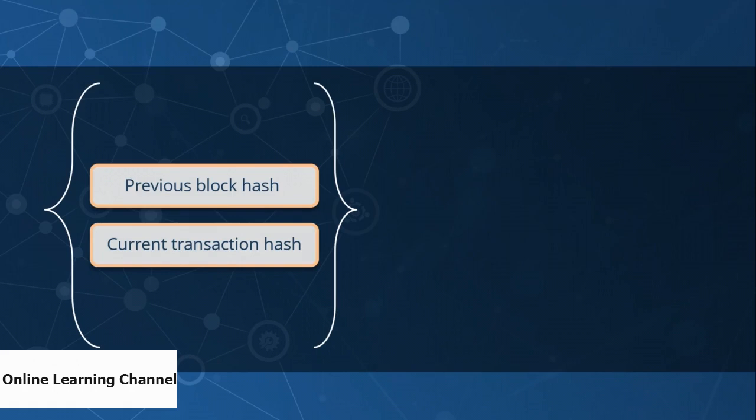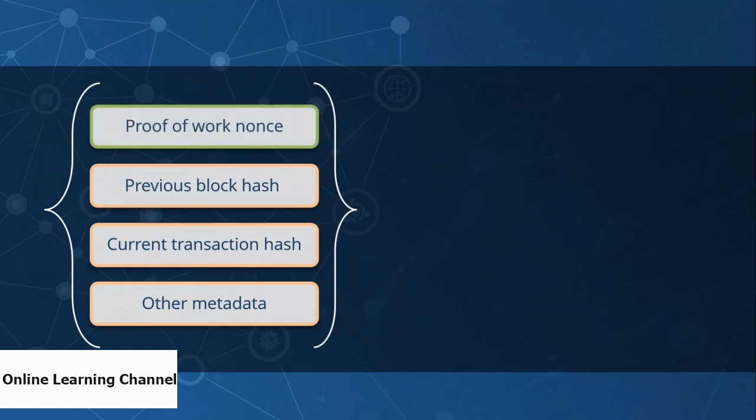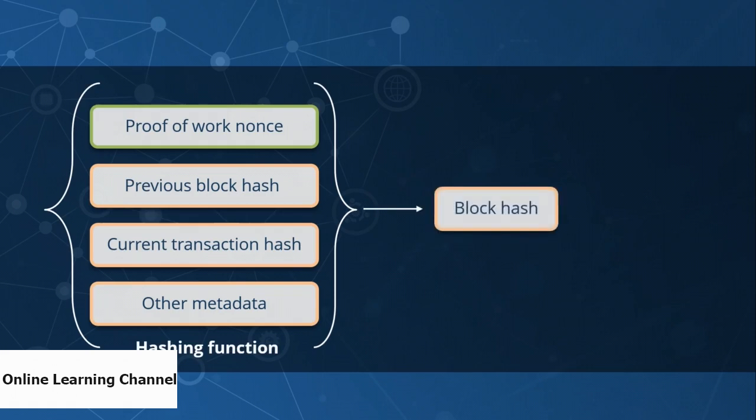Note here that since every single miner will have a different set and ordering of transactions, this transaction hash will be different for every node. There will also be some additional metadata in the block, and right at the very top, the block also includes a proof of work nonce. Now all of this data is fed as input to a hashing function, and the output of the hashing function will be a block hash.